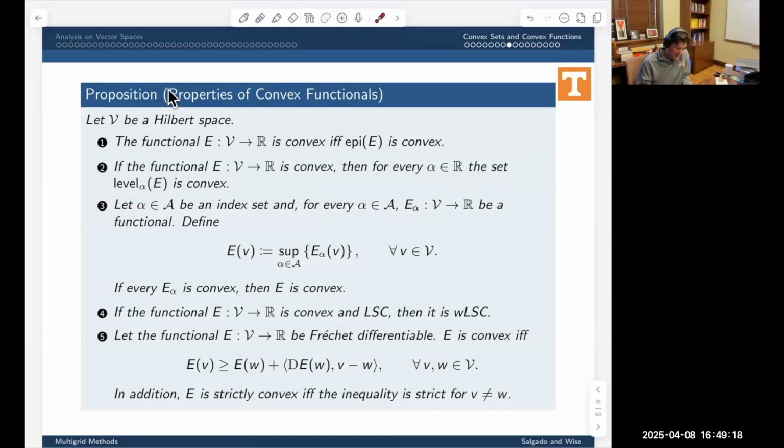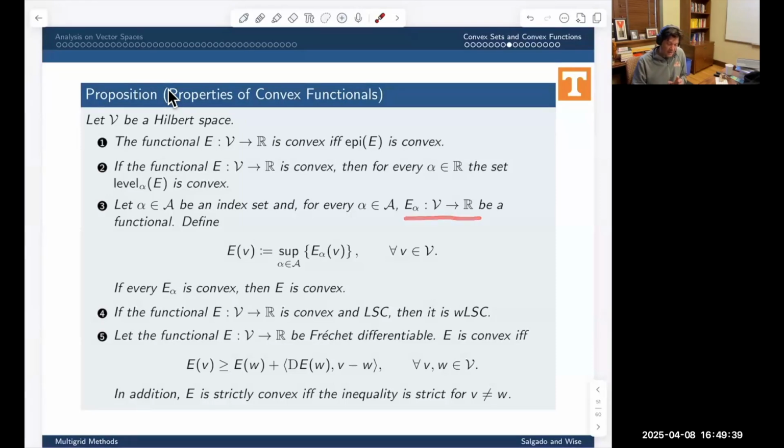Okay, so that's another result we're not going to prove, but could be proven. Okay, so here's another one. Suppose that we've got a bunch of convex functionals, okay?